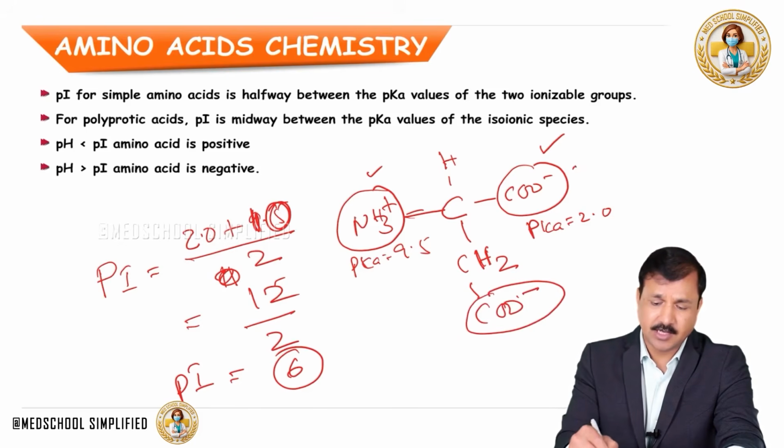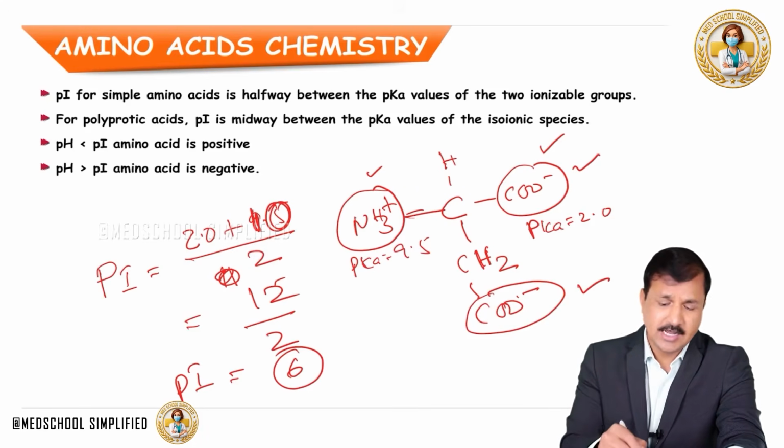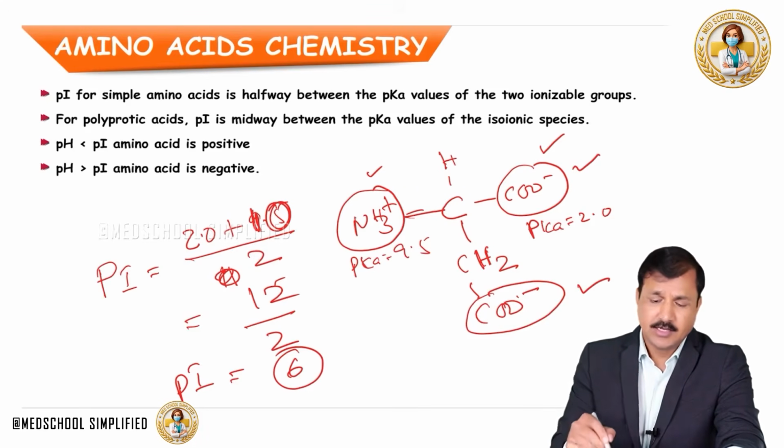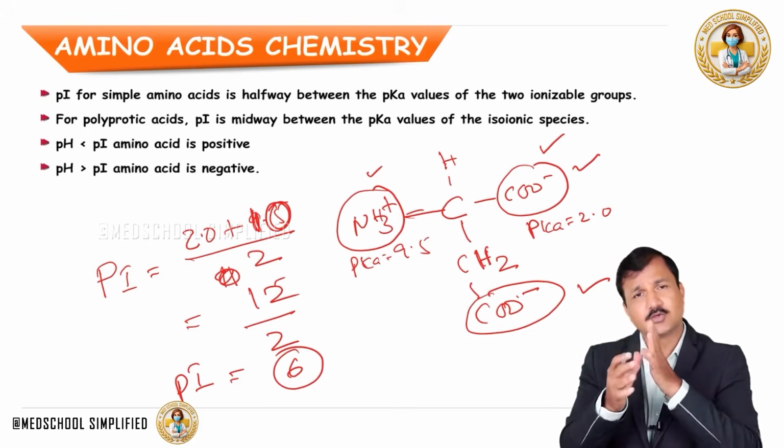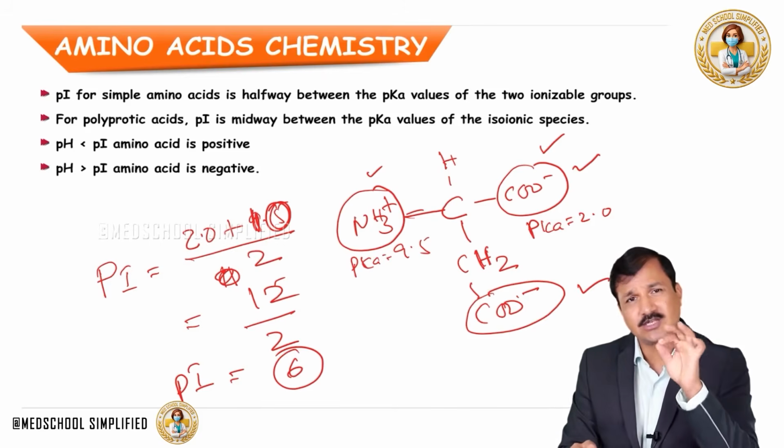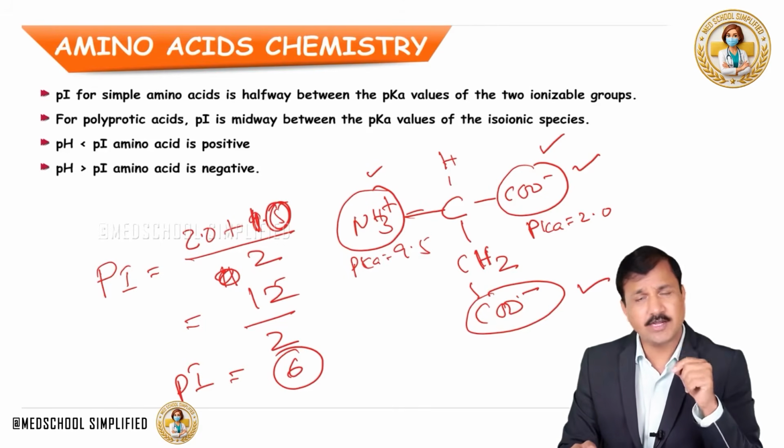There is a carboxyl group attached to the alpha carbon, a side chain carboxyl group, and the amino group. So there are two carboxyl groups and one amino group, which means the two carboxyl groups are similar here. So these are isoionic species. How do you find the pKa value of this type of amino acid?